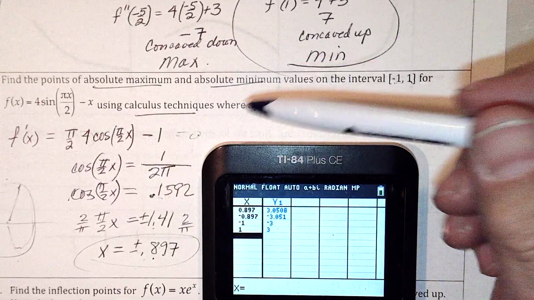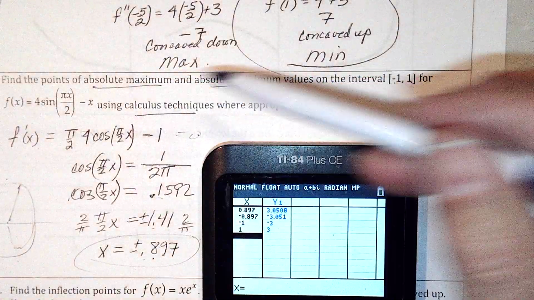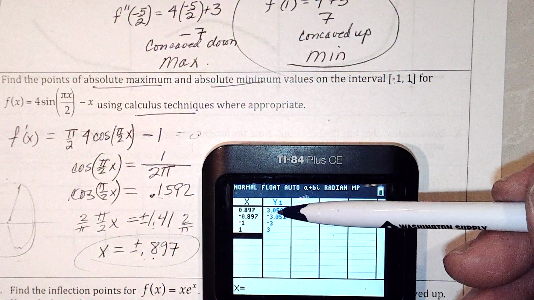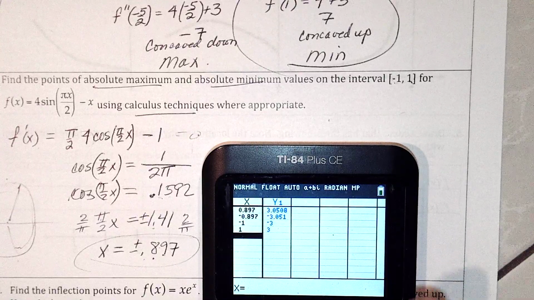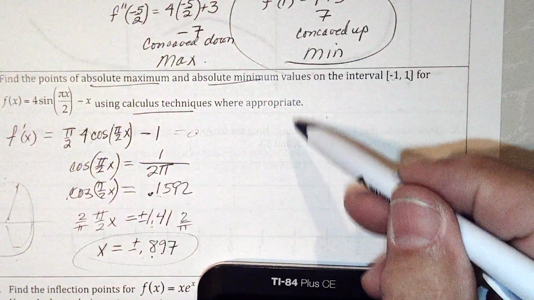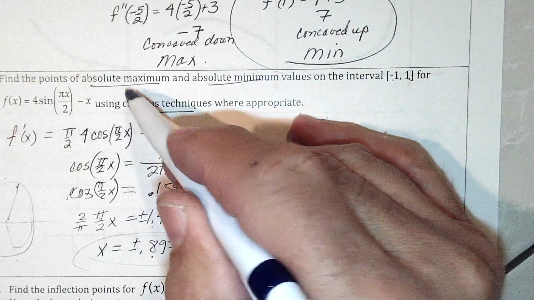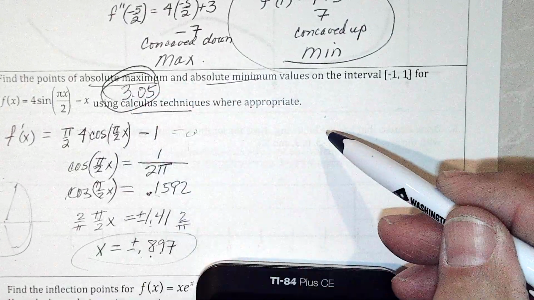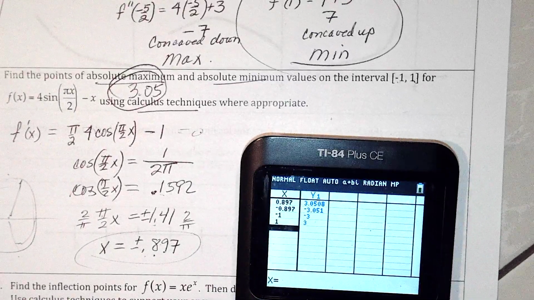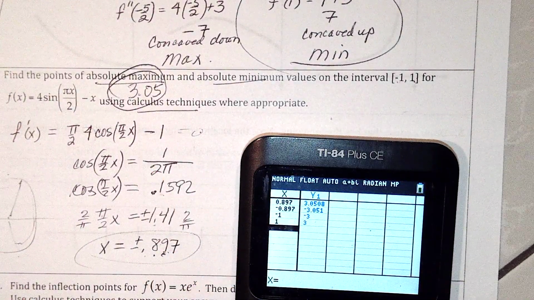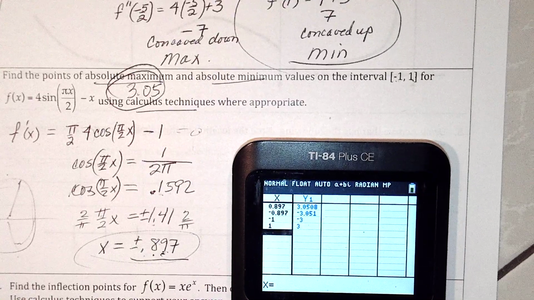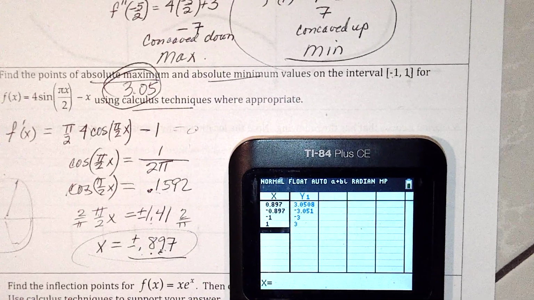So what are my absolute max and mins? Well, my absolute max looks like it's 3.05. Absolute max 3.05 happens at the positive critical point, 0.897.